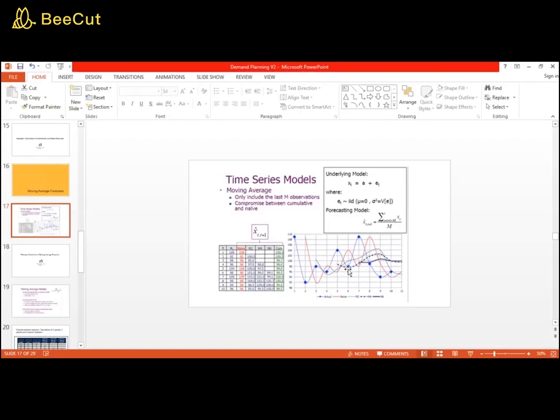And here you can see this dotted line. This is a moving average period 4, again a bit more relaxed, and moving average period 6 is even more relaxed. So now that I've shown you visually, you also have an example over here of doing naive forecasting, cumulative forecasting, and moving average, period 2, 4, and 6. But I will show you in a little bit more detail how to calculate moving averages.